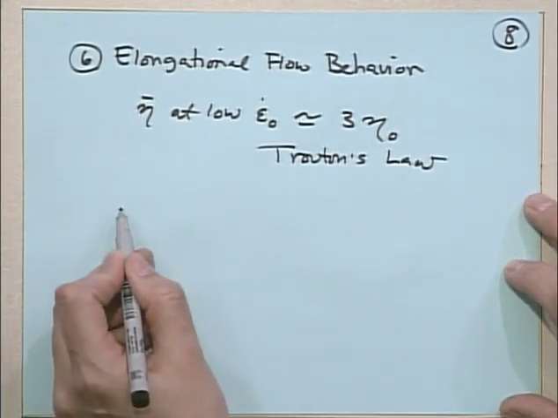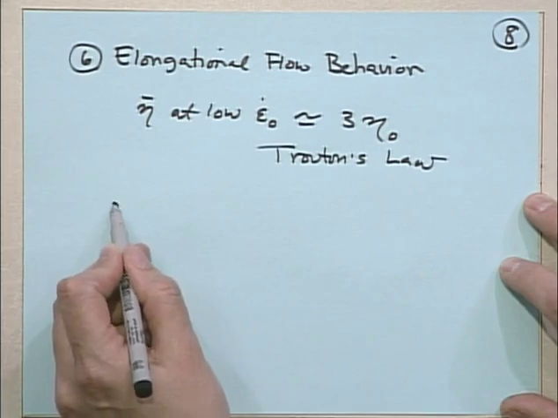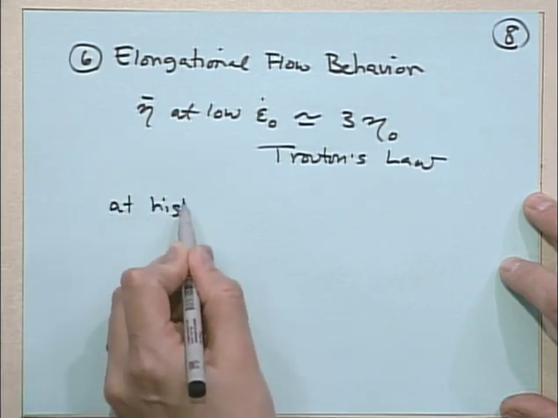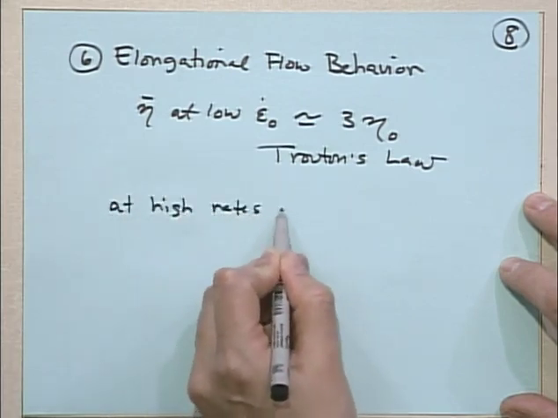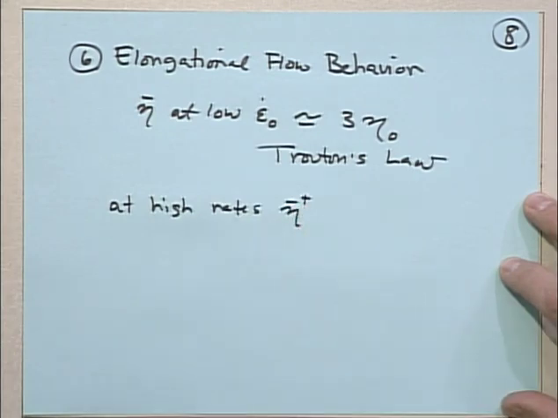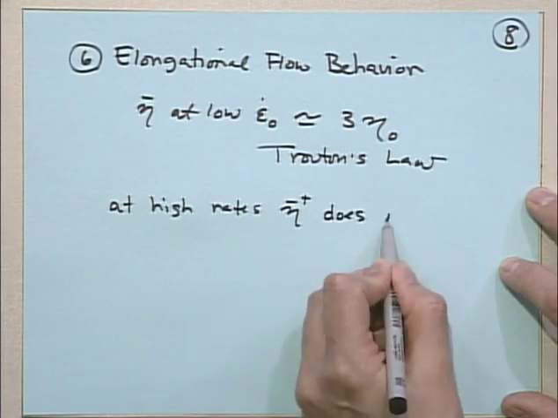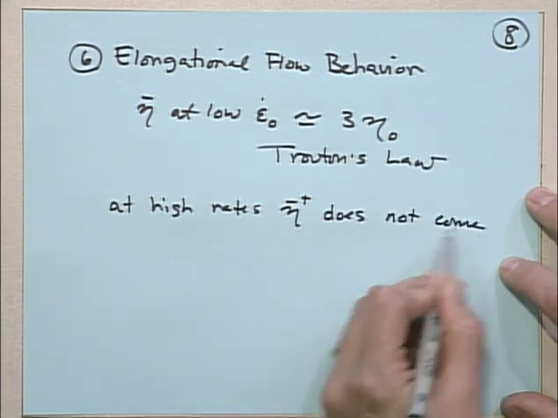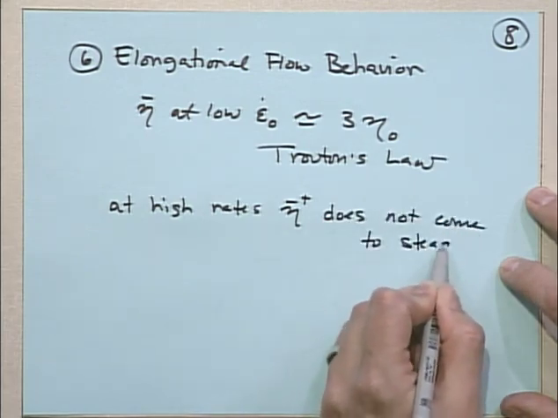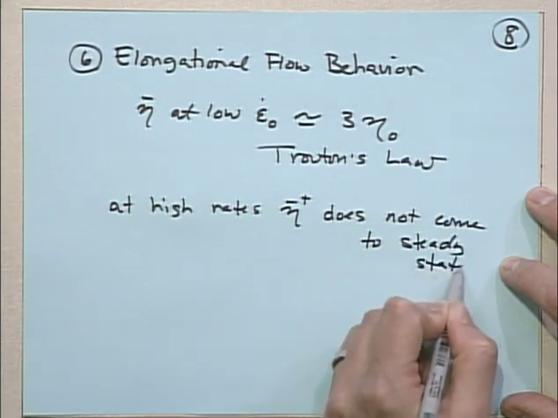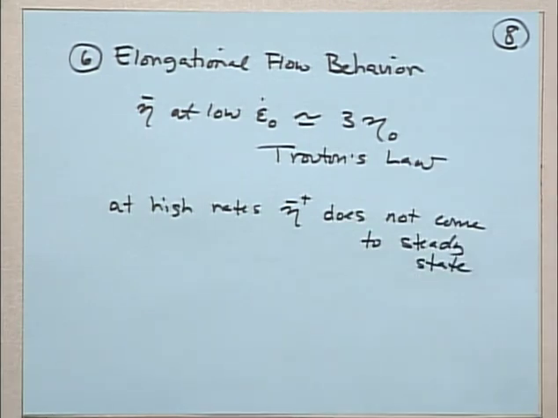And then the other thing to remember is that at high rates, eta bar plus, which is the growth coefficient, does not come to steady state. And that's this strain hardening effect on this slide.